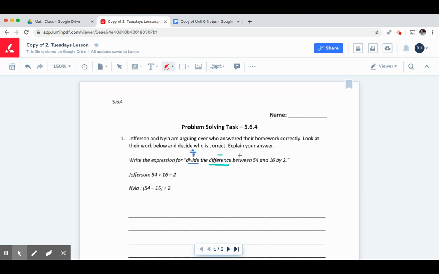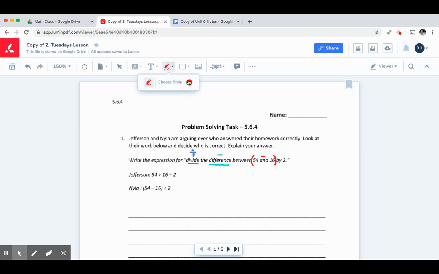So we just said that first you need to find the difference between 54 and 16. So I'm going to go ahead and put parentheses around 54 and 16, and I'm going to put a subtraction sign there because I know I'm finding the difference between those two terms. That means I'm subtracting.